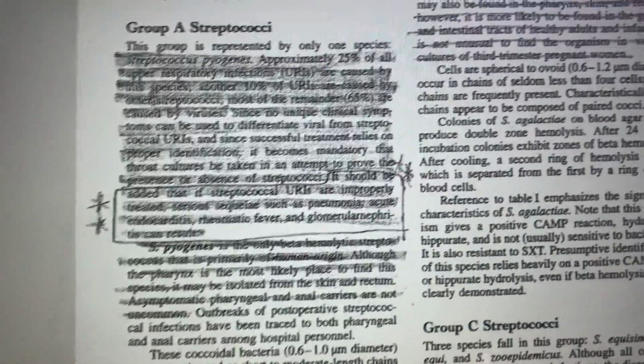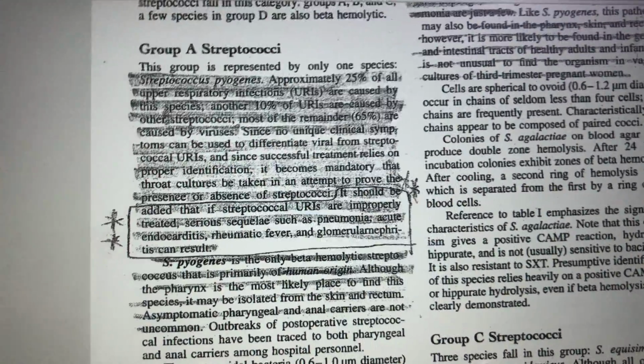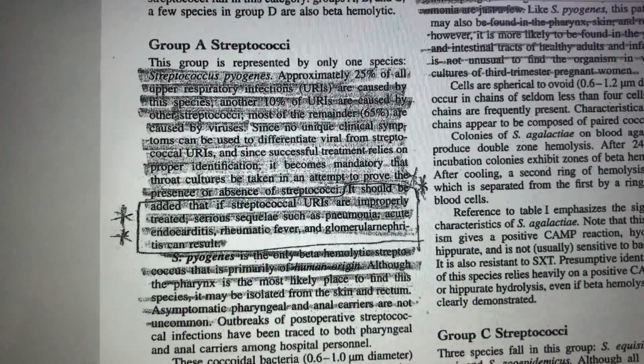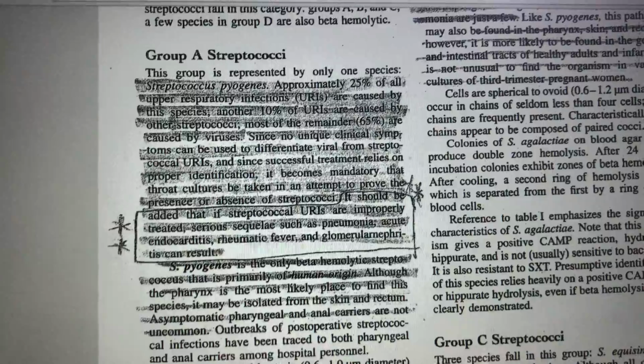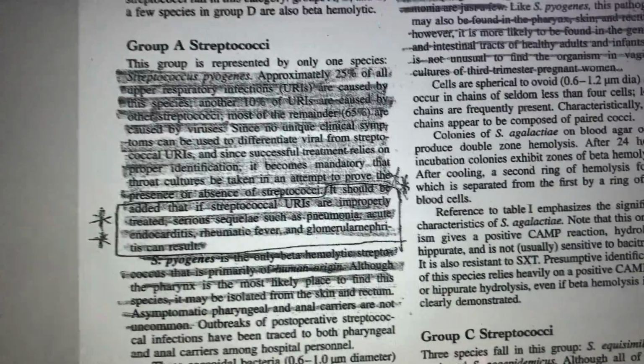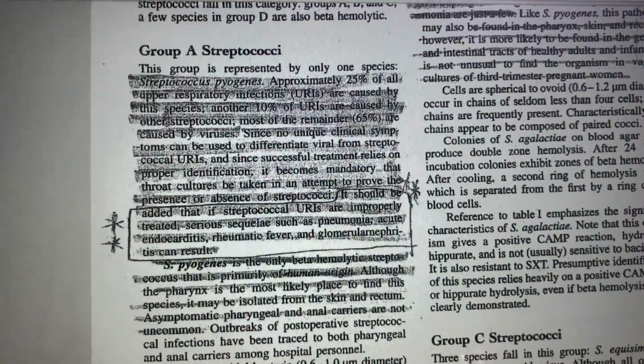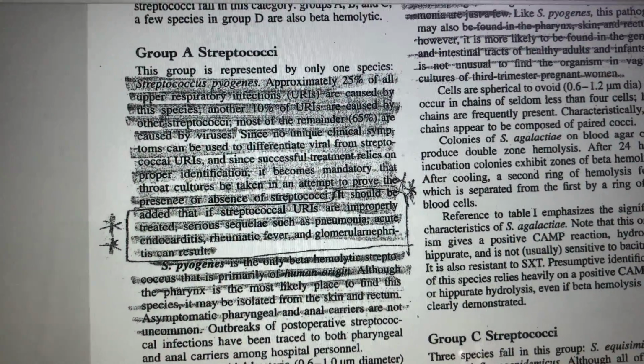A sequelae is like a secondary infection. So you get the first infection, your body is immunocompromised, and then you can get a secondary sequelae or infection as a result. So if you have an improperly treated URI that is caused by strep, specifically Strep pyogenes.